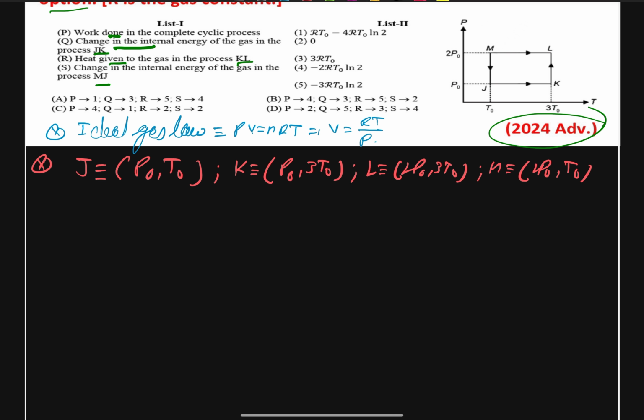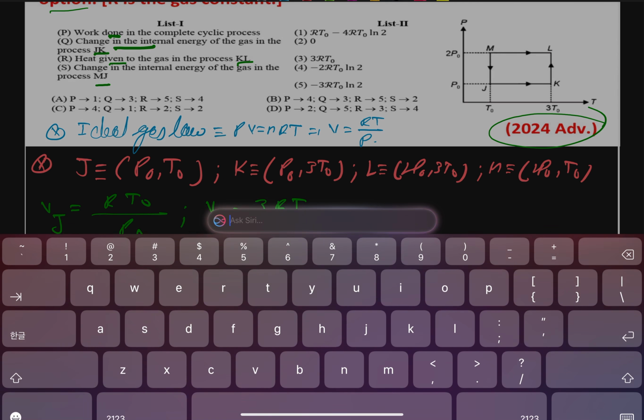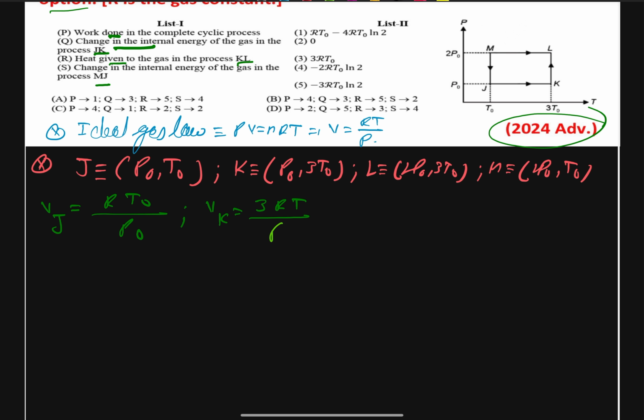V for J will be equal to R times T naught divided by P naught. Similarly, V for K, with temperature 3 T naught, comes as 3R T naught upon P naught.